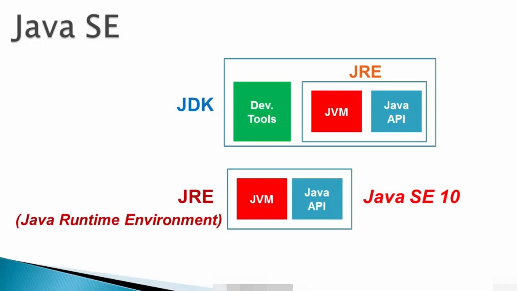From Java SE 11 onwards, Oracle stopped offering it as they were including a tool called JLink, which can be used to create a custom JRE. And this custom JRE can be smaller in size than a regular JRE, or one can simply install a JDK itself, as it also includes a JRE. So JRE is not included separately by Oracle from Java 11 onwards.